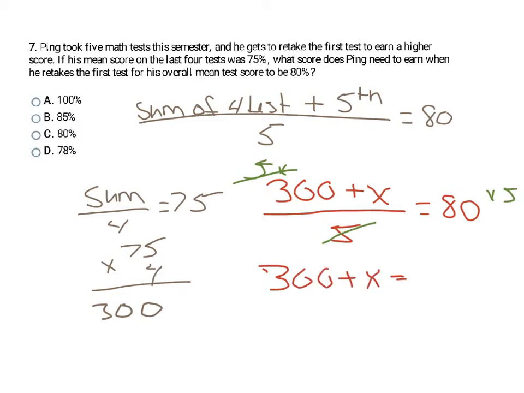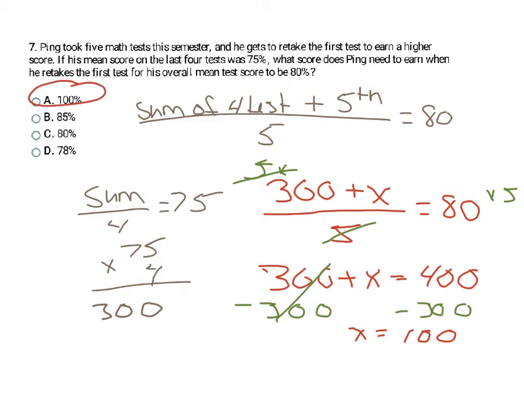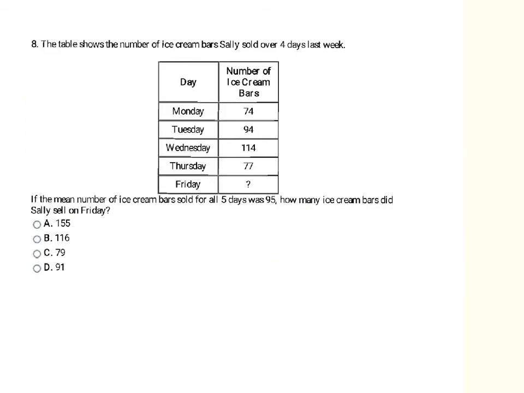And then 80 times 5 is 400. And then I subtract 300 from both sides. And those cancel out, and I'm just left with x, and then 400 minus 300 is 100. So that means he has to get a 100% every single problem right when he retakes that first test.